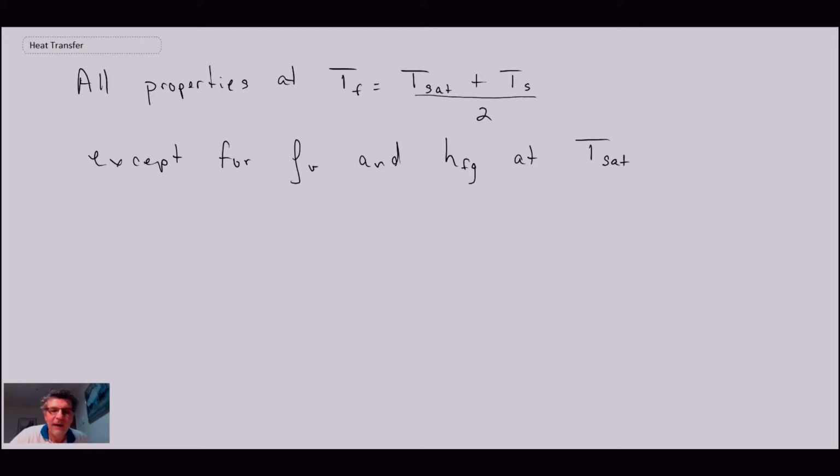So that is the expression that we can use for computing the convective heat transfer for film condensation on either a sphere or a horizontal cylinder.